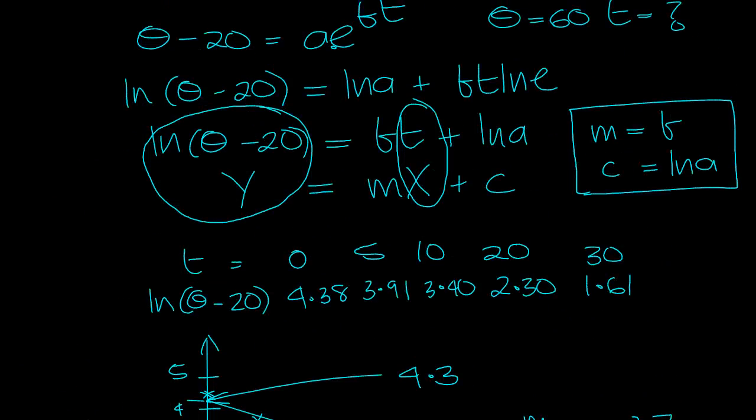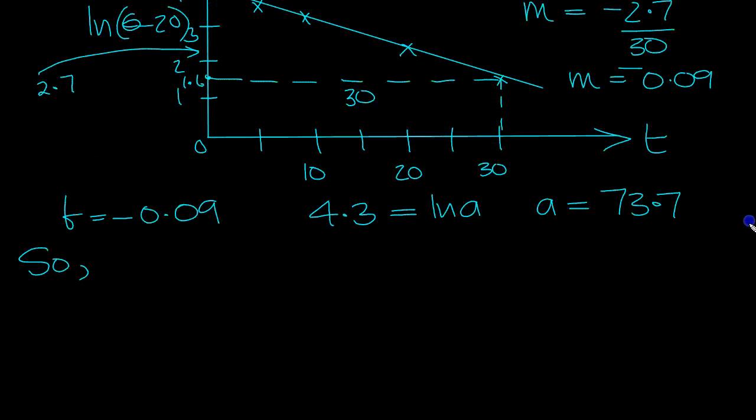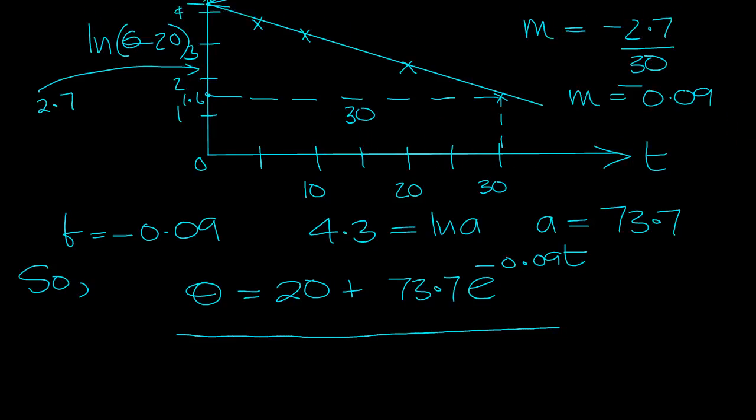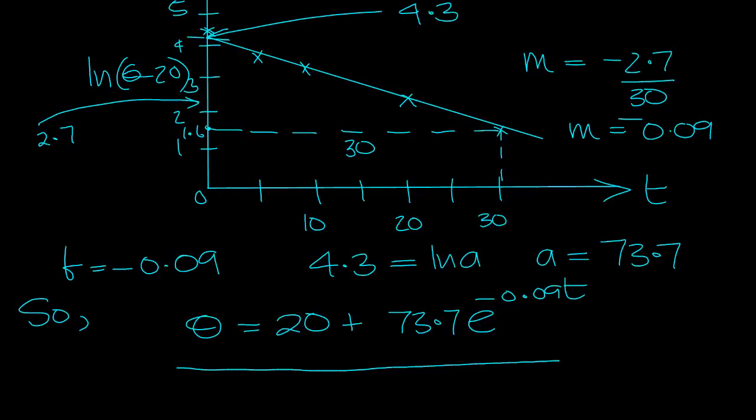What was it? Theta is equal to 20 plus a e to the bt. Theta is equal to 20 plus 73.7 e to the minus 0.09t. Here's our model then, that we think, according to my fairly inaccurate drawing, should be the model.